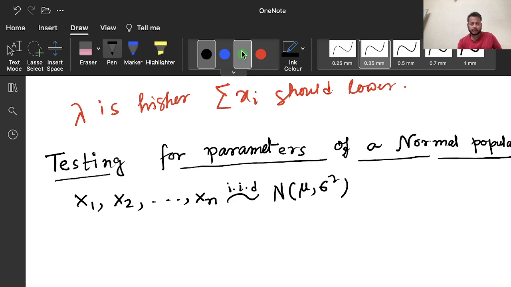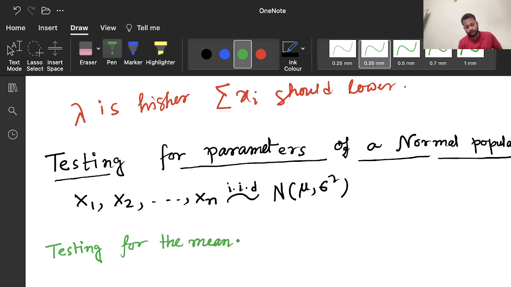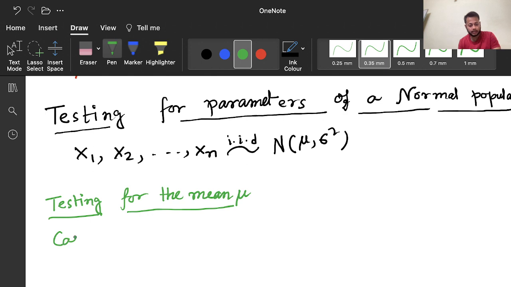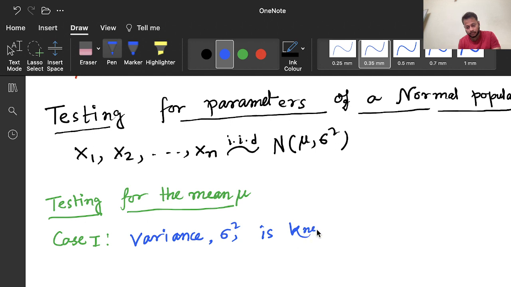Now let's see the testing for the mean mu. Here you see there can be two cases. Case 1: the variance sigma square is known.